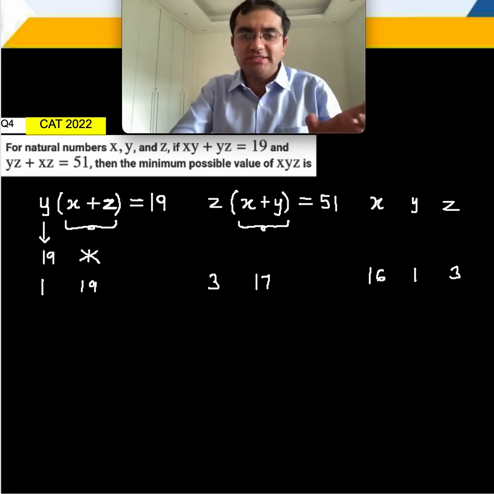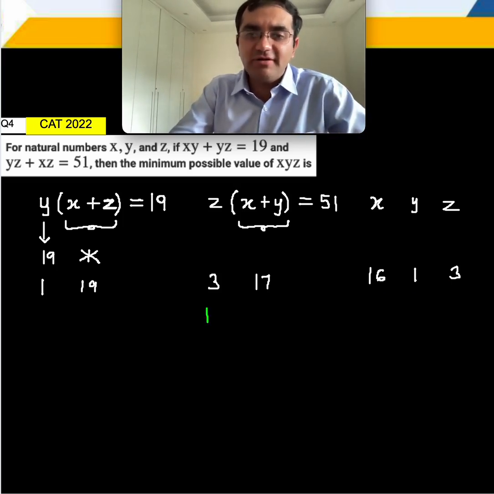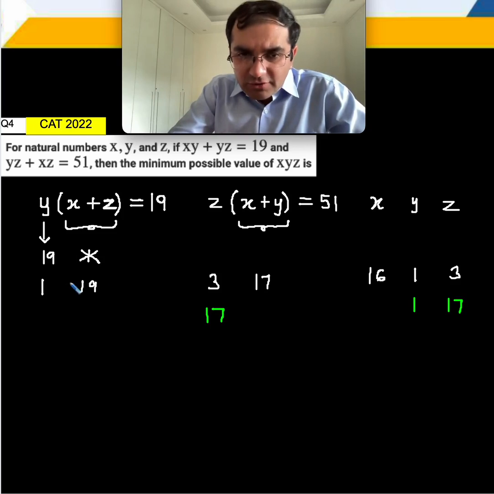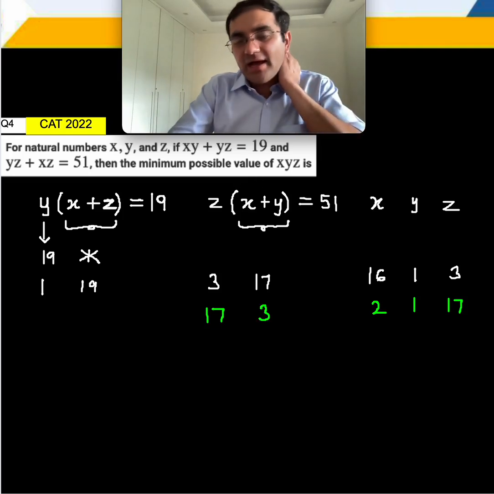but I don't know, is this the smallest? So from z equal to 3, I try the next possible factor for z, which is 17. Y is 1 and z is 17. So यहाँ पे out of 19, if z is 17, then x becomes 2, and x plus y, 2 plus 1 should be 3, and according to the second equation, when z is 17, x plus y will be 3.